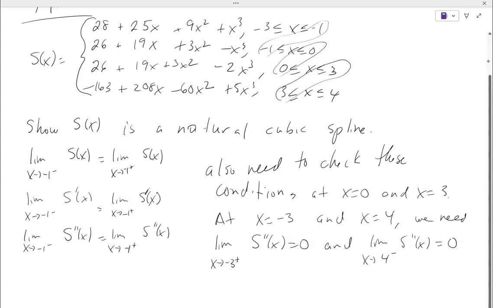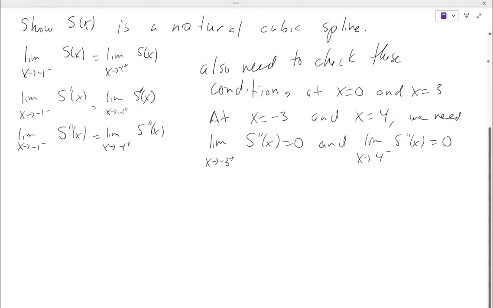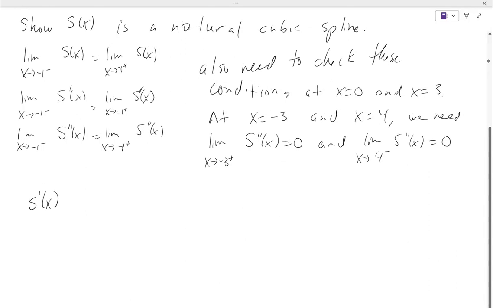All right, so lots of things to check, but all of them are pretty easy calculus ideas, because I just need to differentiate polynomials. If we look at the first derivative here, we've got 4 polynomials to differentiate. The first derivative for the first part, I don't have it up on the screen, but you should have it on your paper.